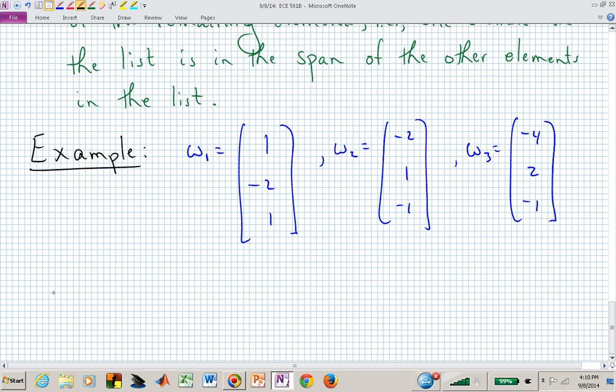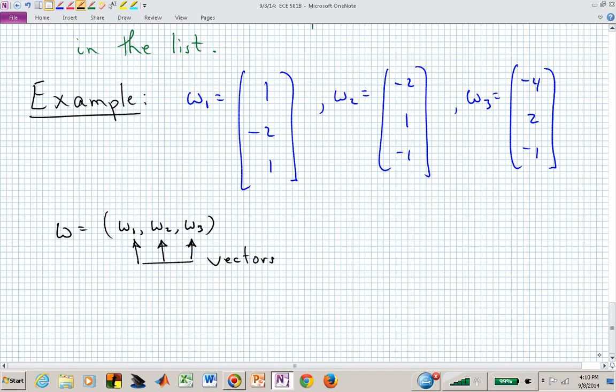If we wanted to, we could say we have this list of vectors that we will collect as W into this collection W1, W2, W3, where these are the vectors that we've just identified.